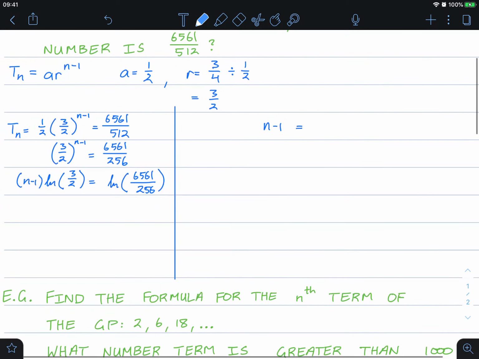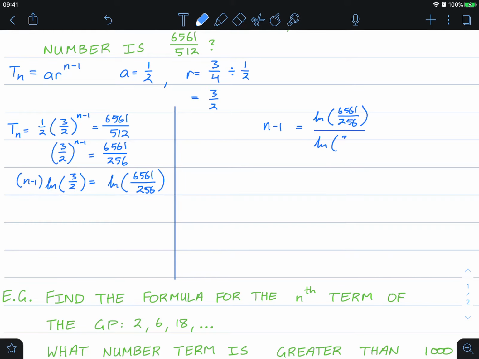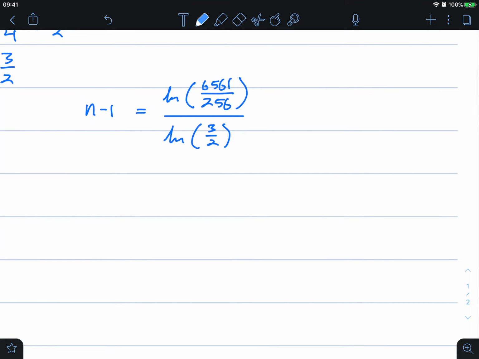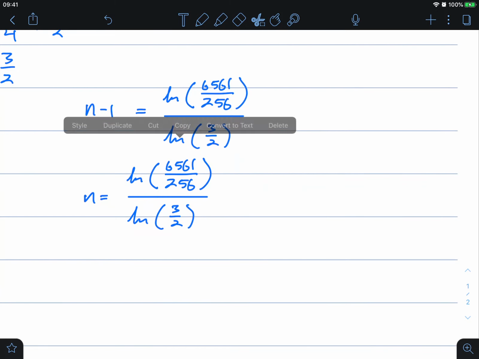So I'm dividing by this, so I'm moving this as a denominator. So it'll become ln 6561 over 256 divided by ln 3 over 2. And to leave n as the subject, we add 1. So n equals, just going to copy this, plus 1.